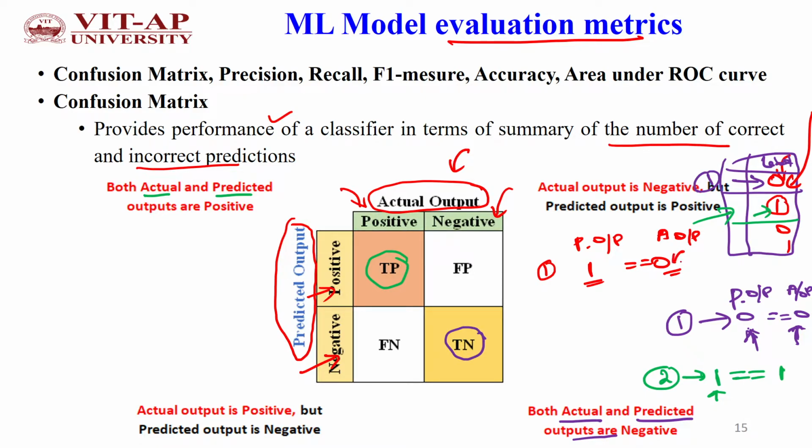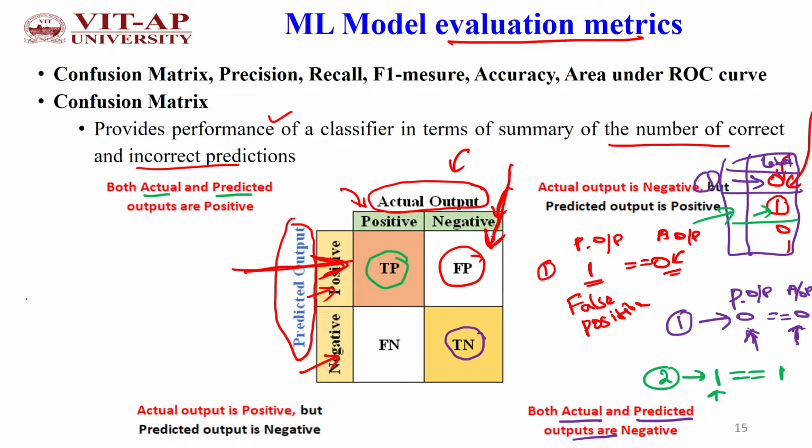So it is actually negative but predicted as positive. This is wrongly predicted as positive, and wrong means false, so it is false positive. My actual output is negative, but my model predicted positive, which is called false positive.